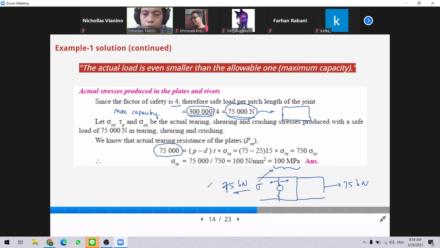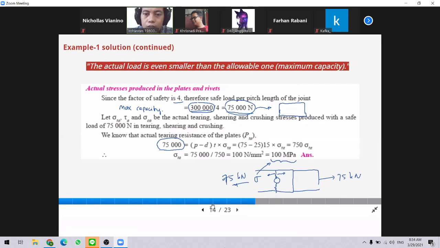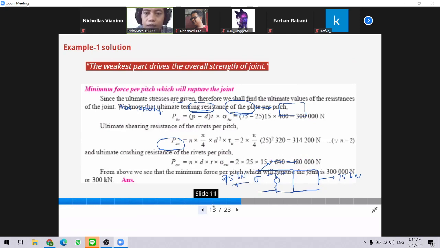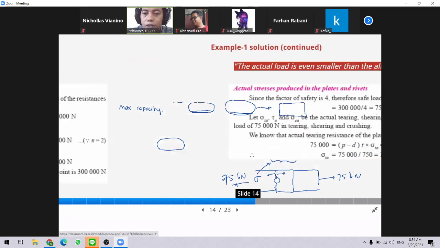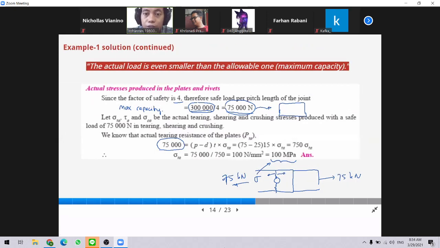And as we know from the specification of the material, this material has a strength of 400 megapascal. Now, because we use the safety factor of 4, it is divided by 4. That's why it becomes 100 megapascal.